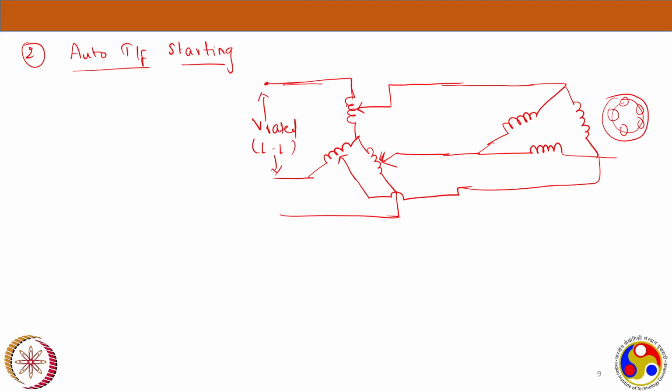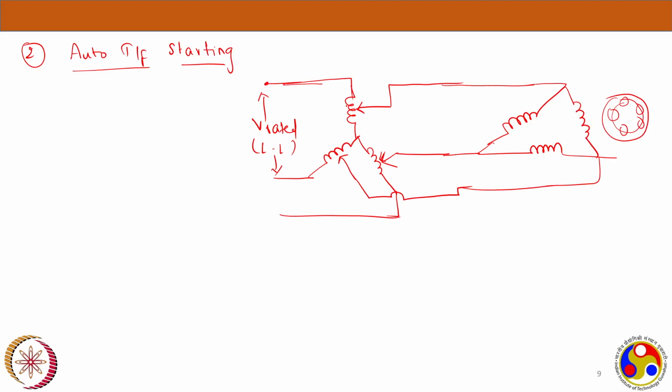Here it is V rated, and here of course you will have X times the V rated applied across the windings of the machine.